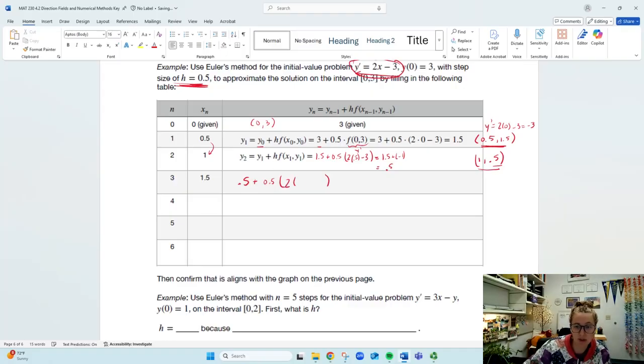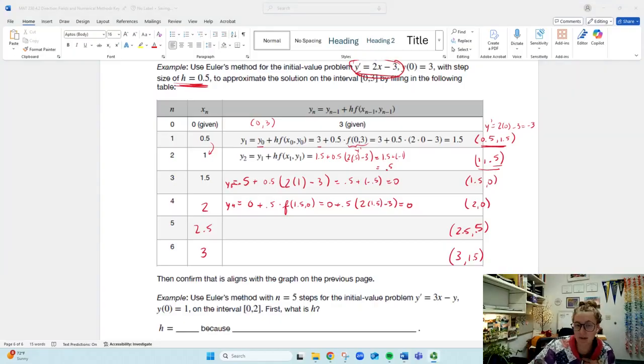So I'll have 2 times 1 and then minus 3 right there. If I follow this through, I'll do 2 minus 3, which is negative 1, times my 0.5. So I'll have a negative 0.5 right there, which will actually give me 0. So 1.5 and then 0 is my next value. Go ahead and try that with these last few.